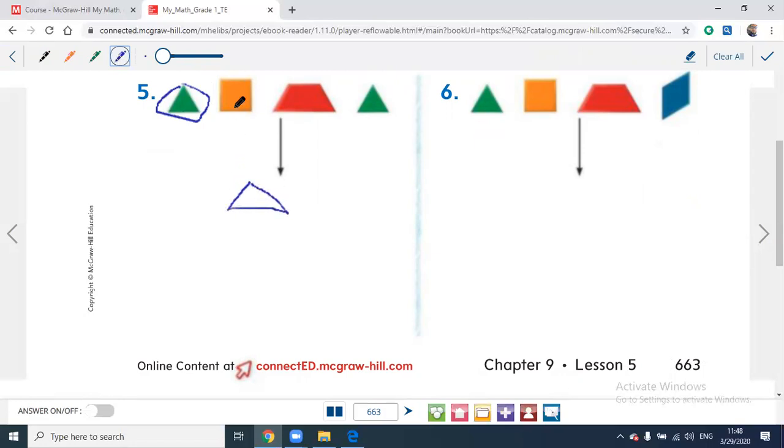And then the square, to have a shape. If we put it together, now I have a shape like a house. Okay?